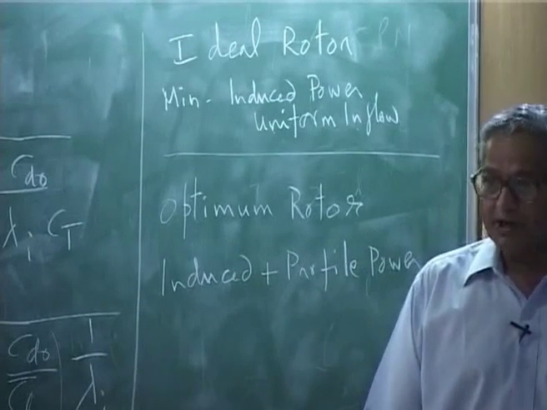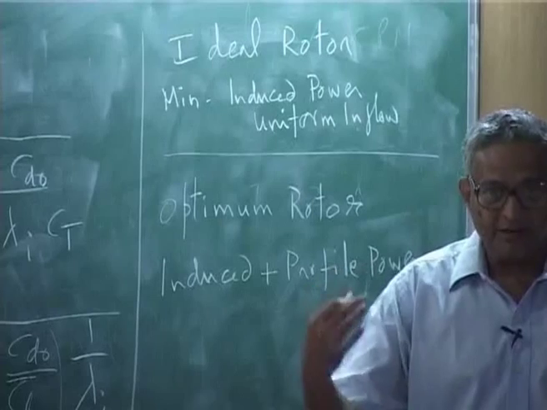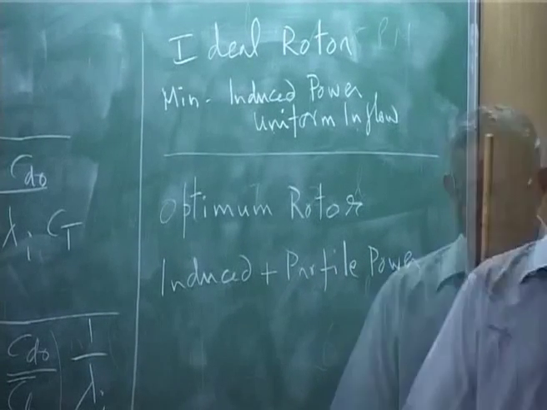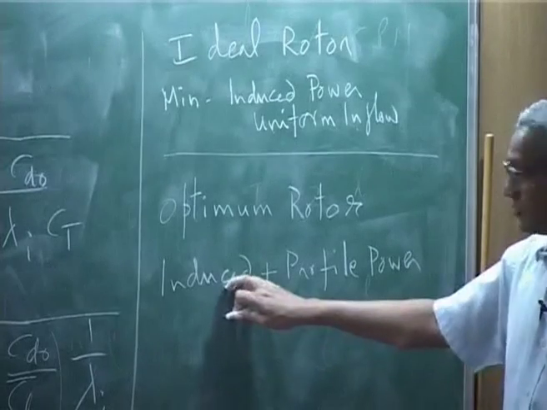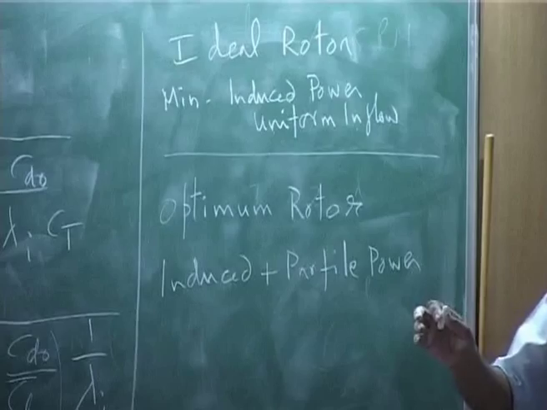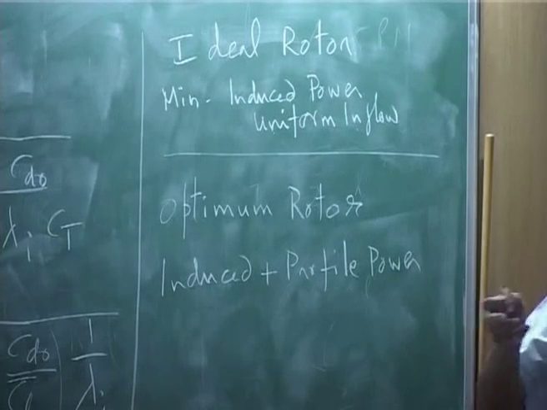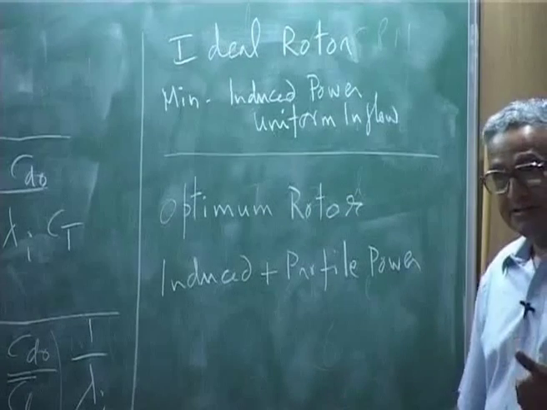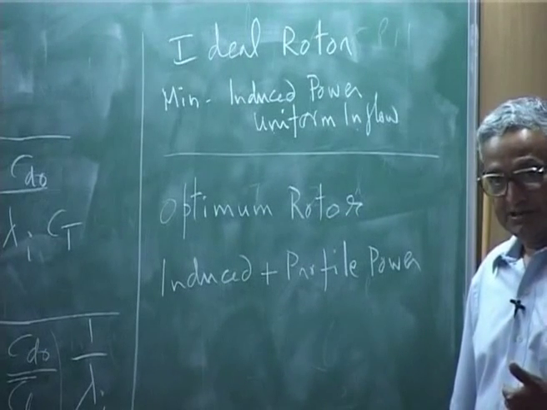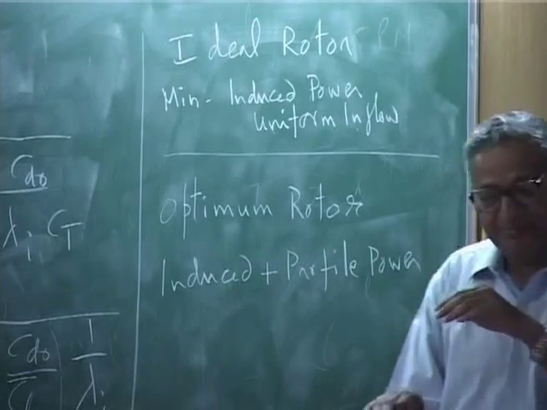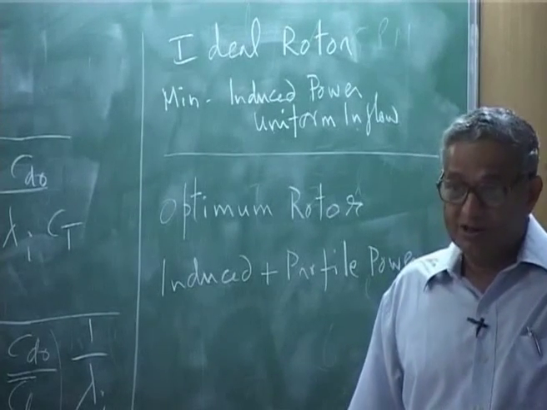Both are there, and optimum is one which should bring down both. That means one requires nice twist, in the sense ideal twist, but for profile power you want the power to be minimum but generate good lift.